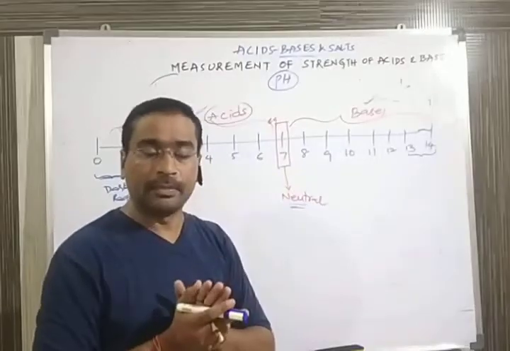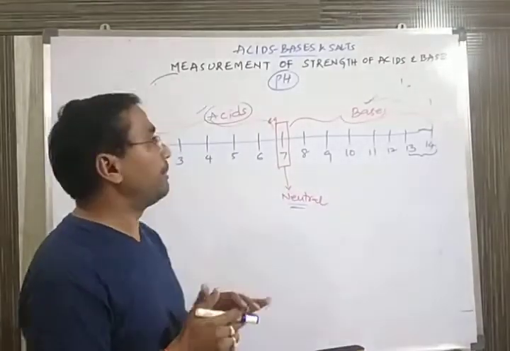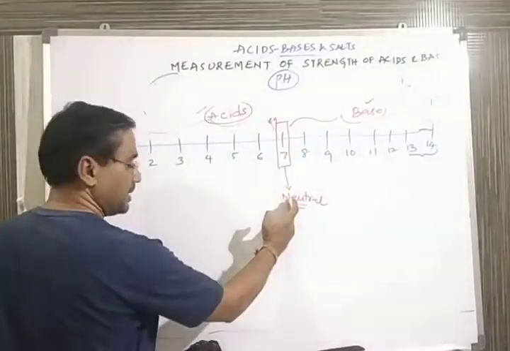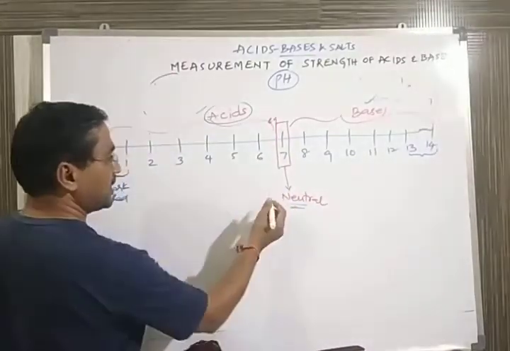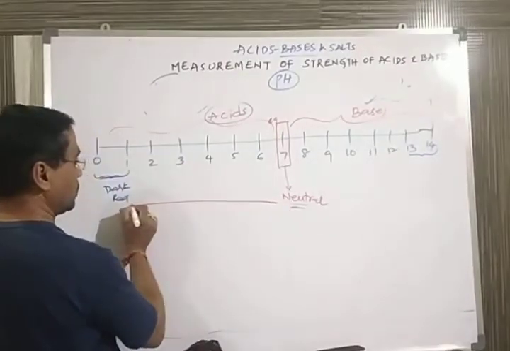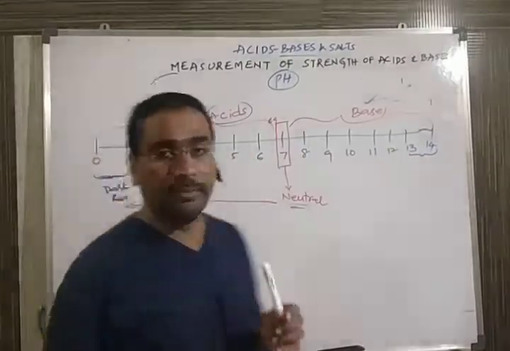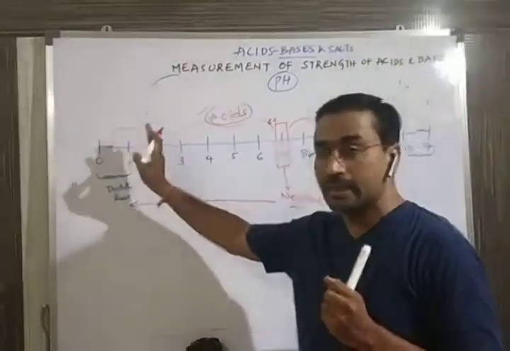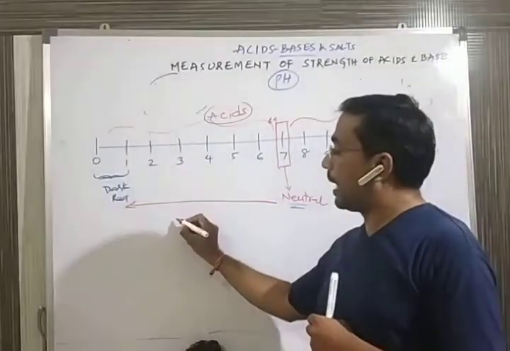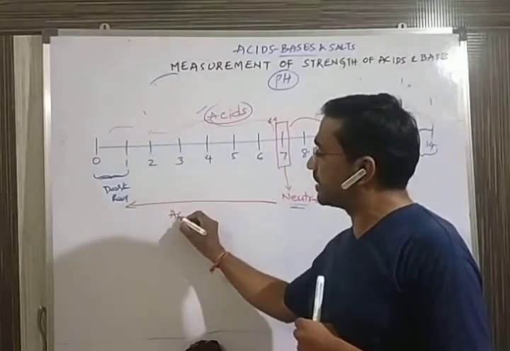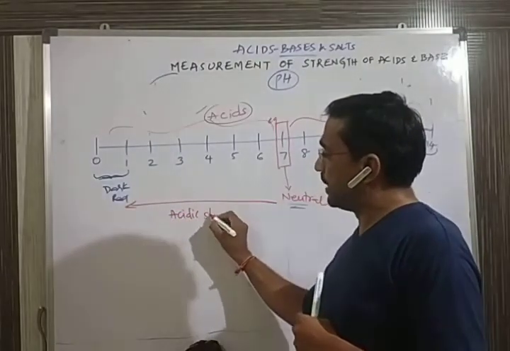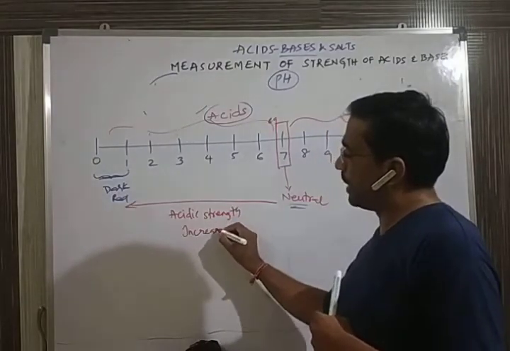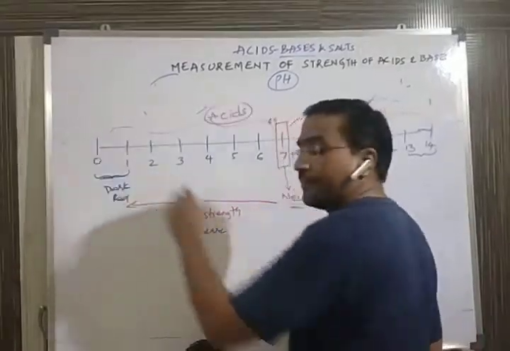In that situation, the scale says that as we move from 7 towards the left-hand side, as the value decreases, 7, 6, 5, 4, the acidic strength increases.